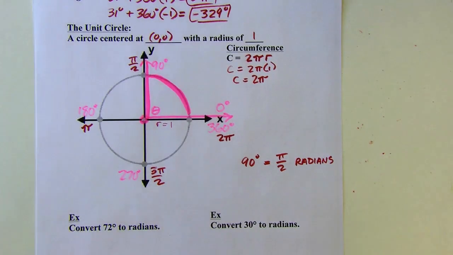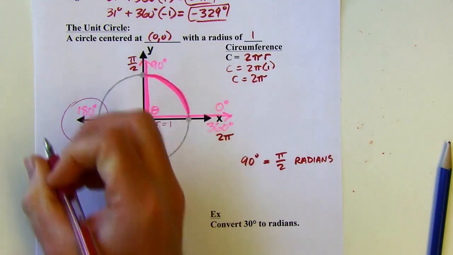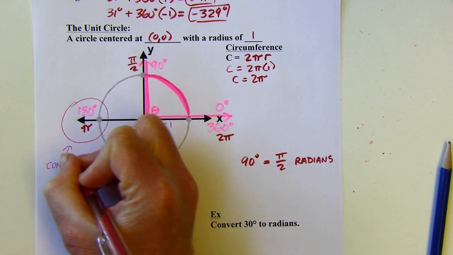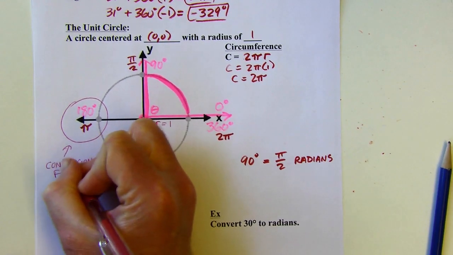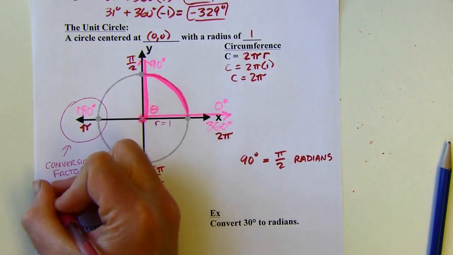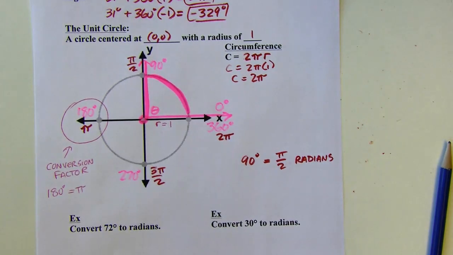But I'm going to use this as my conversion factor. As long as you can remember that 180 degrees is equivalent to pi radians, we can use that to convert anything.